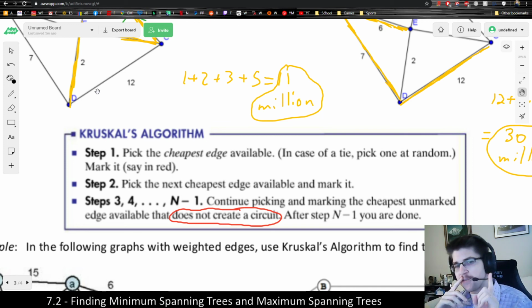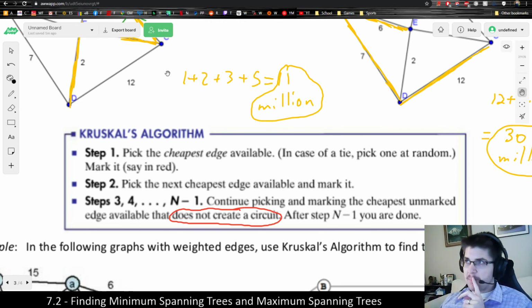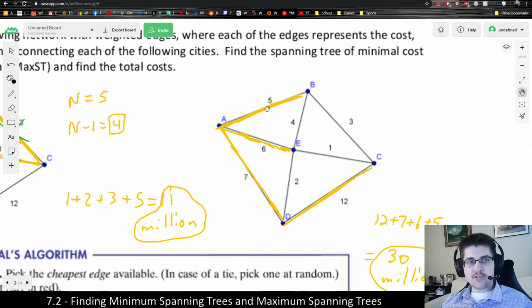And that's the one difference between this algorithm and the cheapest link algorithm. In that algorithm there were 2 conditions, right? We were not allowed to make a circuit, or never close a partial circuit as I phrased it before. And the second rule was that we were not allowed to have more than two highlighted edges at a point. But notice that in spanning trees, we are allowed to have more than two highlighted edges going into a point, because we're not trying to formulate a path where we're going in and out and back and forth between different points.